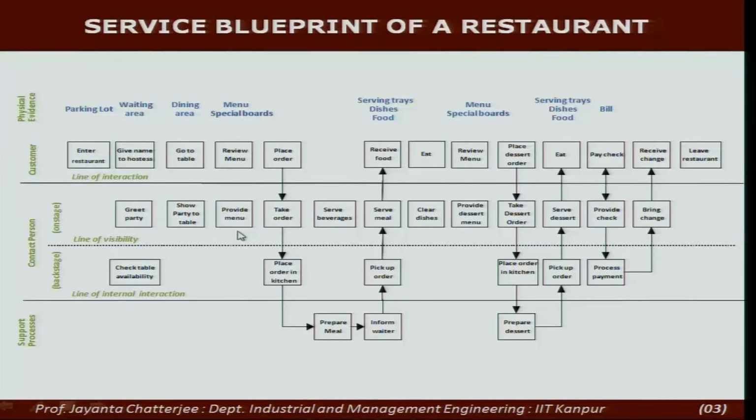And it is supported by a whole lot of service blocks in the middle and at the backstage. The kitchen, the accounting, the computer system, the air conditioning system, all that will be necessary at the back end to give a good experience at the front end. And this whole thing has to work together.